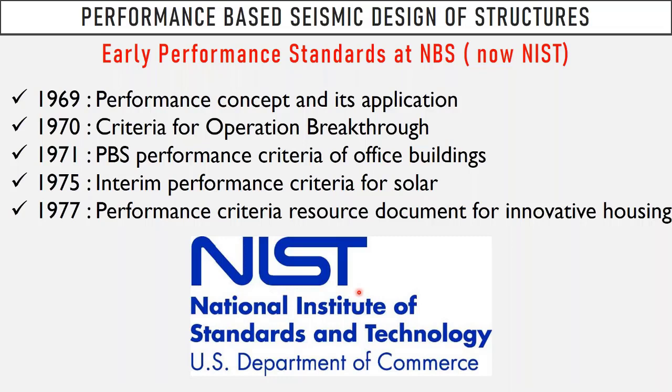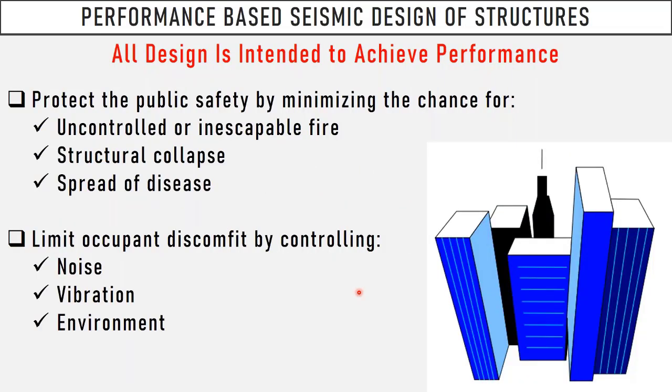After 1975, with the National Institute of Standards and Technology, this documentation and approach evolved from documents to codes and standards. And of course, all of these documents intended to achieve a performance. At that time, the initiative was based on protecting public safety. That was the main perspective.